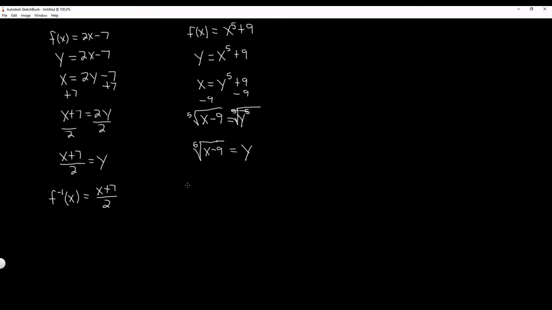And then just like last time, the correct way to write this is the inverse function of x is equal to the 5th root of x minus 9. And this is the answer to this problem.